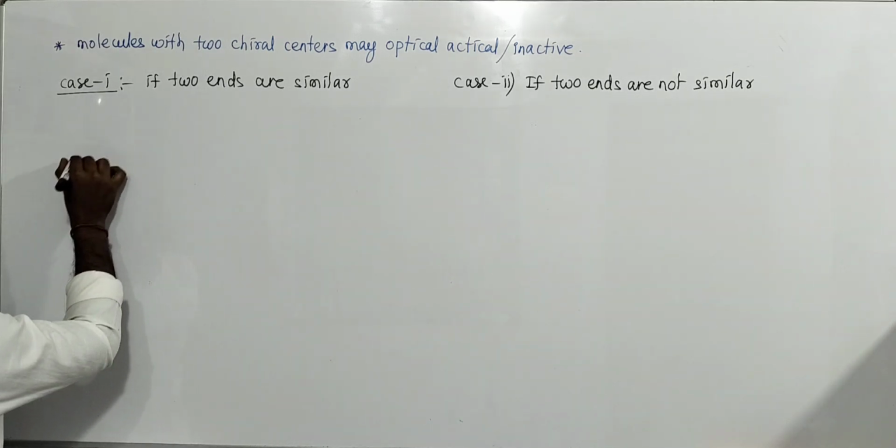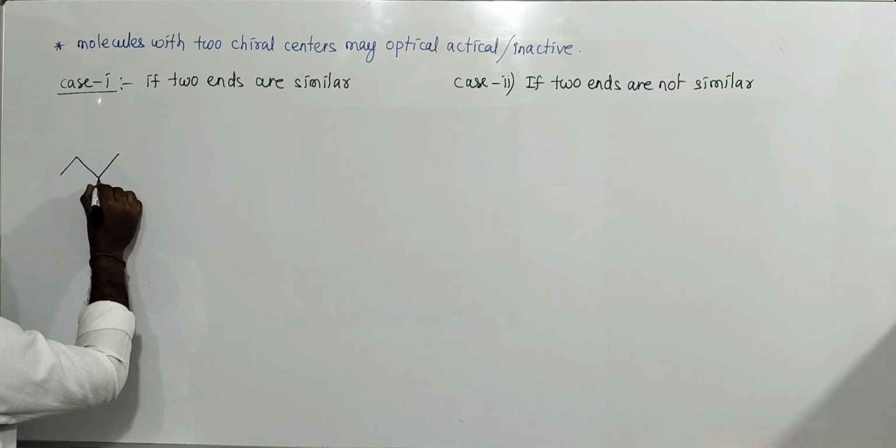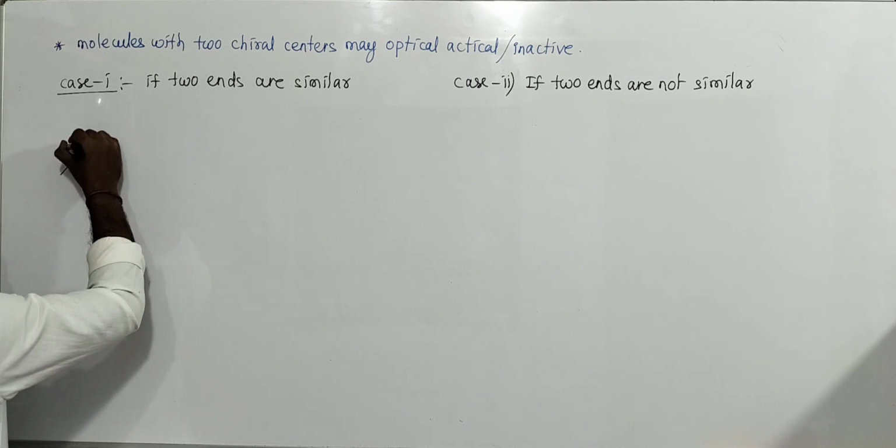I am taking this example: butane-2,3-diol.